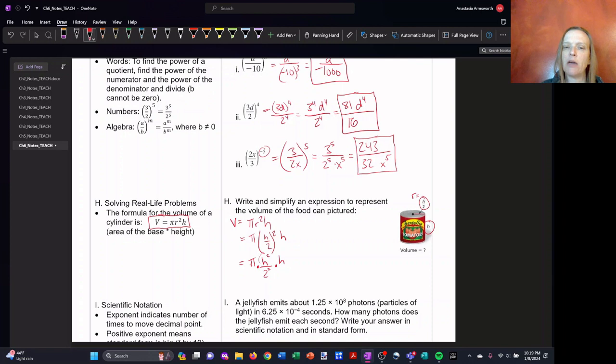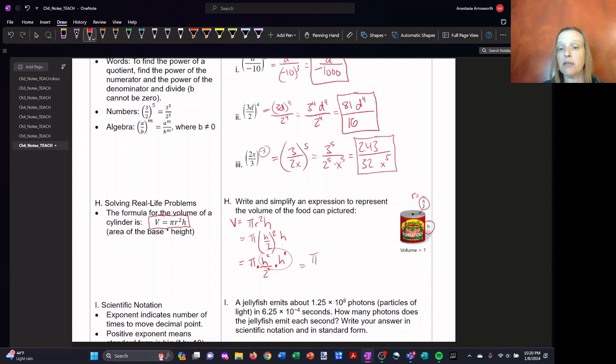Well, now here I have the situation that we had back in part C, the product of powers property, where I have h squared times h to just the first power. It's not written there, but the implication is that this is just the first power when no exponent is written. And so I can now do this as h to the 2 plus 1.